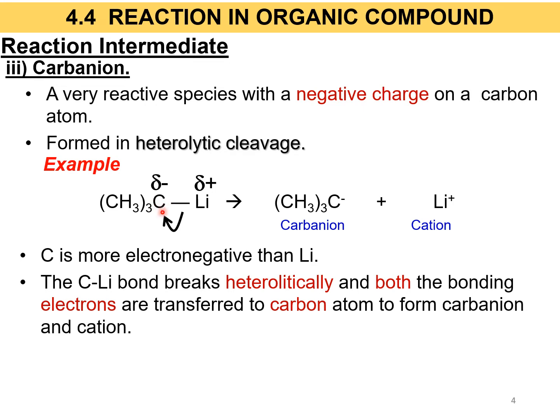Dia akan receive 2 elektron daripada bond breaking ni. Okay, so to show that this carbon atom, bila nak buat bond breaking, to show that this carbon atom akan receive 2 electrons, kita kena show it by using this double headed arrow daripada bond kepada carbon atom.